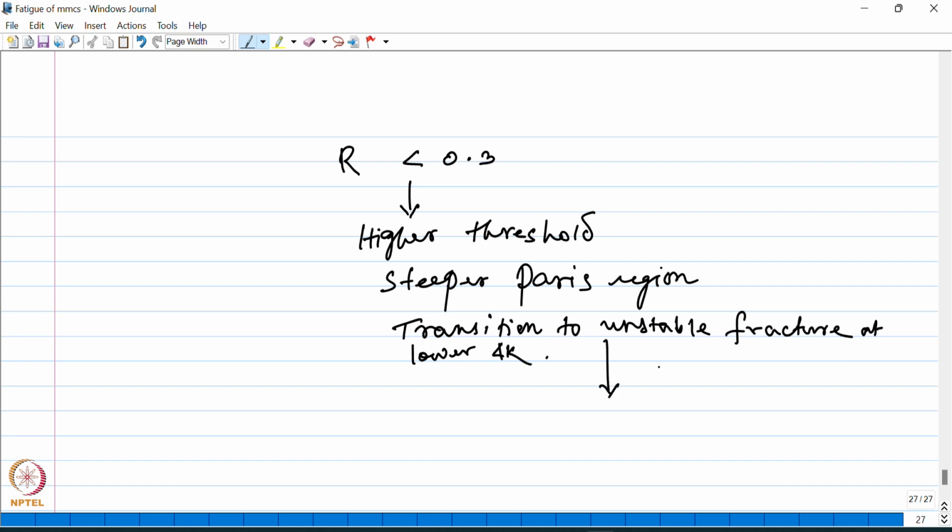This one has been attributed to lower fracture toughness of composites.